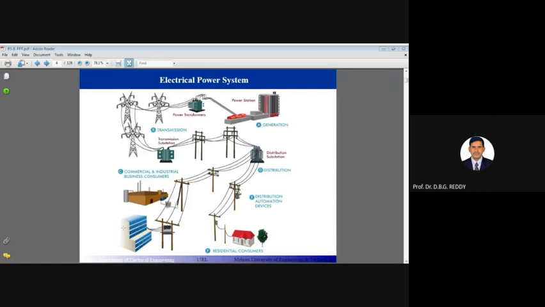This power transformer steps up to 440 kV or 765 kV as per the availability of power, and this will reach the load center. After reaching the load center, it is stepped down again to a lower voltage through distribution transformers, and finally the power reaches the various types of load. The loads which consume the electrical energy may be domestic, called residential load, commercial load, hotel establishment, industrial load, or municipal load. These are the various loads.